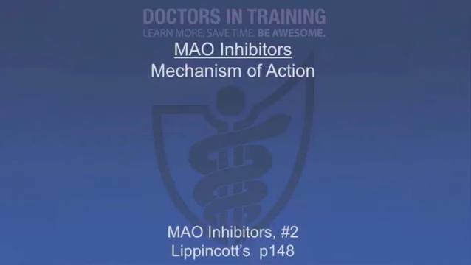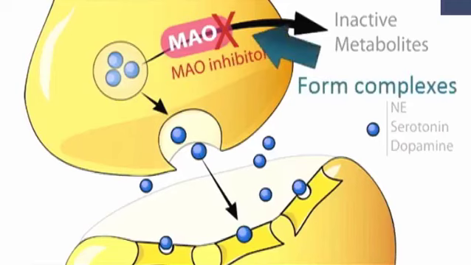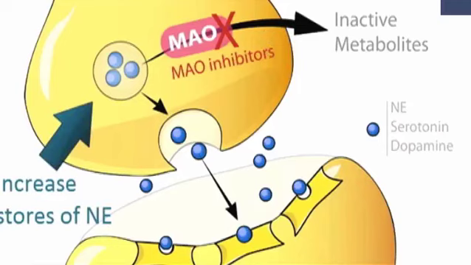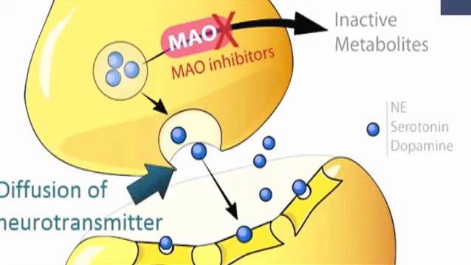Let's look at the mechanism of action of MAOIs. Most MAOIs, such as phenelzine, form stable complexes with the enzyme MAO, causing irreversible inactivation. This is going to result in increased stores of norepinephrine, serotonin, and dopamine within the neuron, and subsequent diffusion of this excess neurotransmitter into the synaptic cleft.